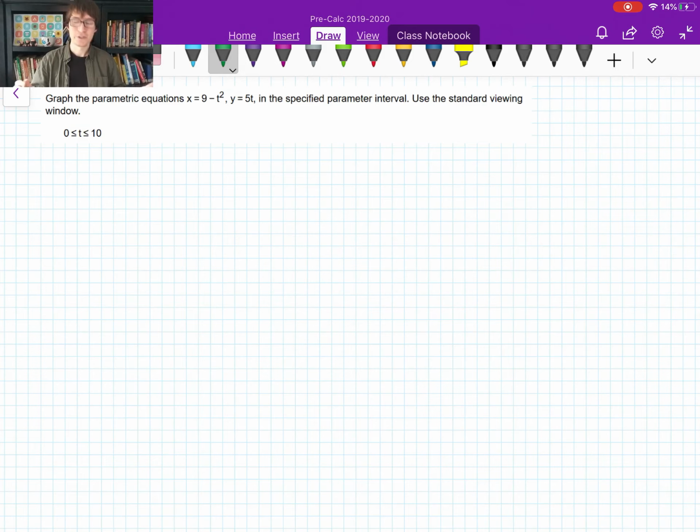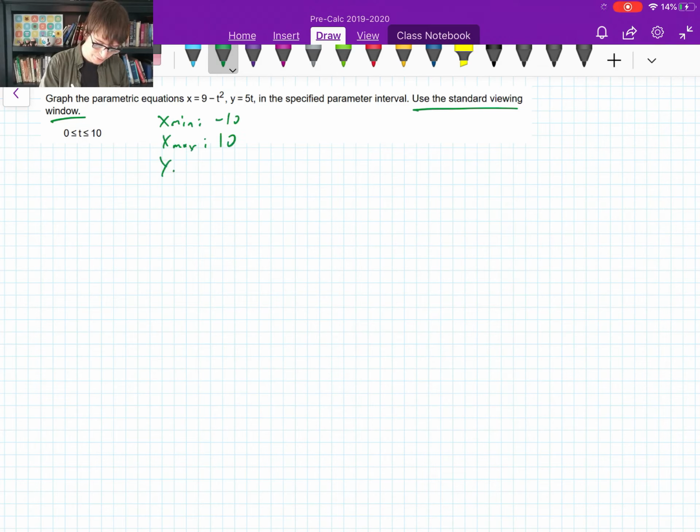Okay, standard viewing window, first of all, let's get that out of the way. The standard viewing window is x min is -10, x max is 10, y min is -10, and y max is 10.